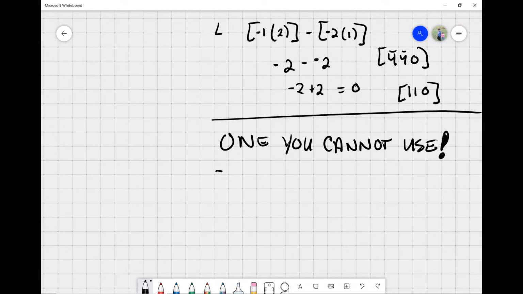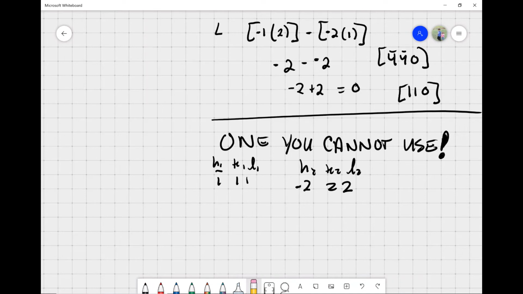So we said negative 1, 1, 1 is H1, K1, L1. H2, K2, L2 is negative 2, 2, 2.